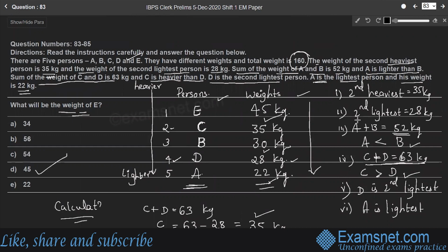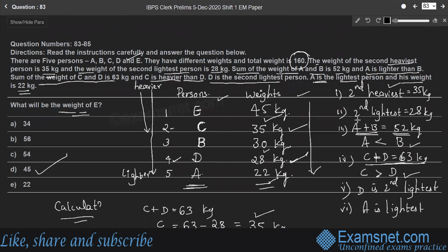So weight of E is 45 kg. Therefore, option D is the right answer. I'll repeat once again. According to the question, according to the information, second heaviest person is 35 kg. So we have written their weights according to the decreasing order of their heights. So second heaviest person weighs 35 kg and second lightest person weighs 28 kg, which is in the fourth place.